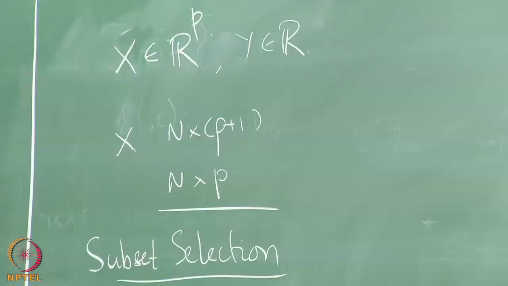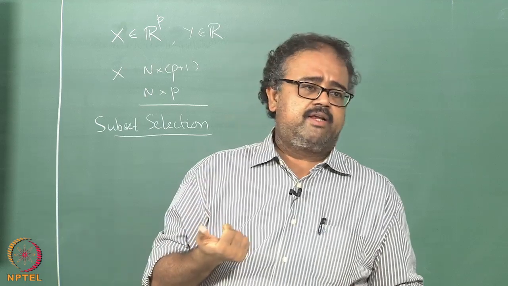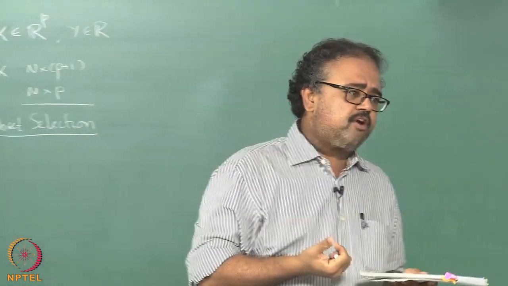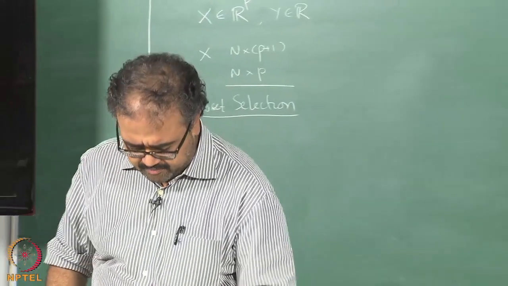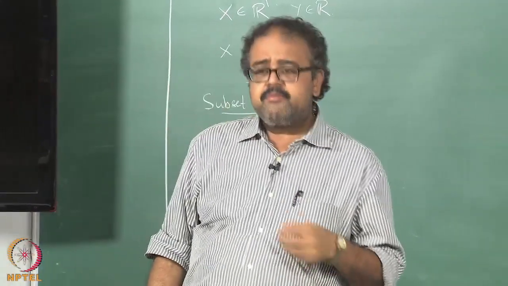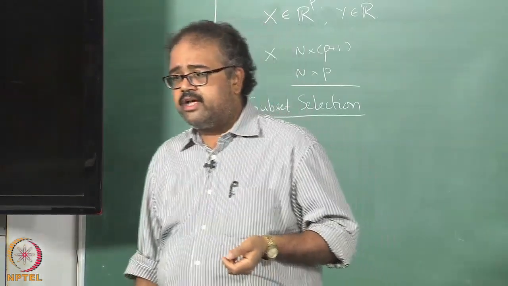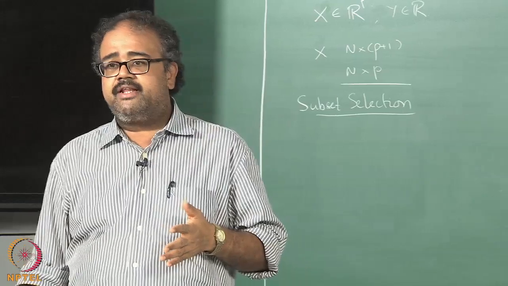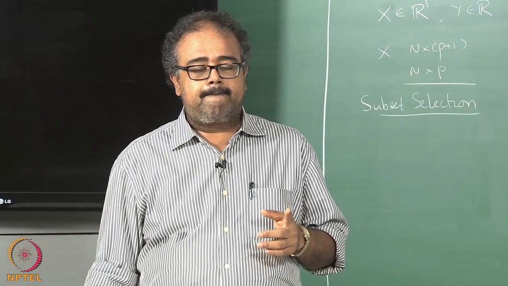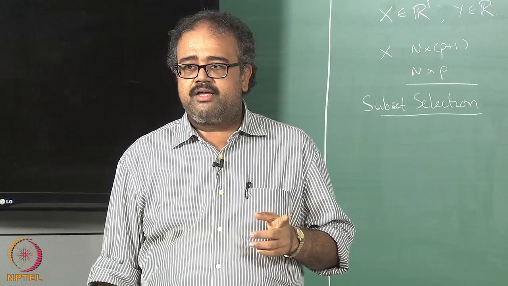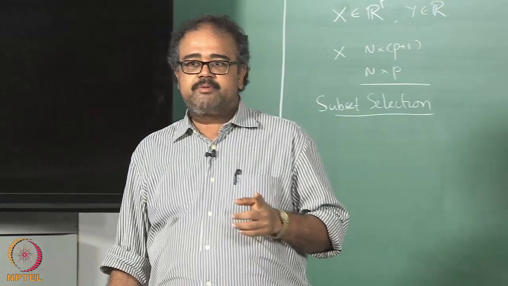Linear regression is great because it is so easy to solve, it is very efficient and runs very quickly, but there are a couple of drawbacks. The first one is that, as I mentioned in the last class, by doing this least squares fit you get a fit that has very low bias.